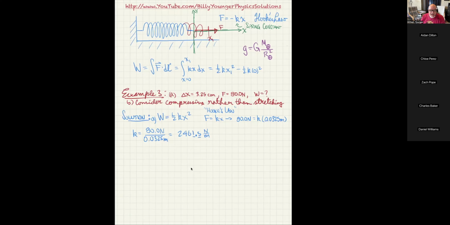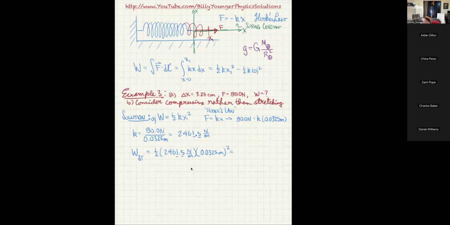Now that I have that, I can just go ahead and calculate the work. The work done in stretching, which I'll call W stretch, is just going to be equal to 1/2 times 2461.5 newtons per meter times the stretch, 0.0325 meters, which has to be squared according to the formula.